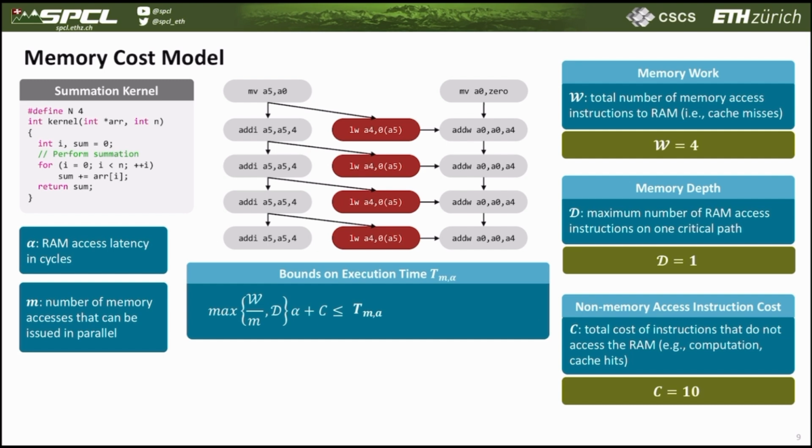So maybe some loads are not parallelizable if they depend on each other. Then it doesn't help me if I have a lot of parallel issue slots, but I'm doing pointer chasing. But if I'm doing a lot of parallel loads, then having a lot of issue slots would help me. So we use exactly the same bounds that we introduced before, just now we have different notation because we are concerning only loads and stores.